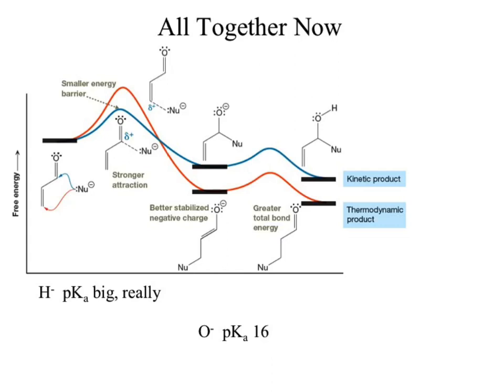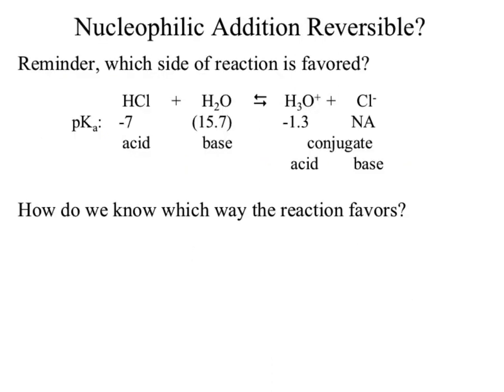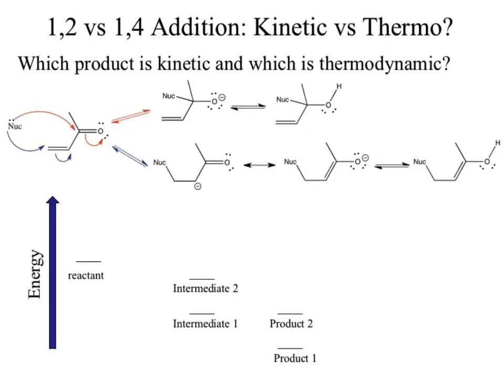So what we're looking at in all of these pieces, if we look back to pKa's and hydrides, the explanation that I just went through is really all about changing the height of that reactant versus our intermediate. If we use a hydride nucleophile, that becomes H2.